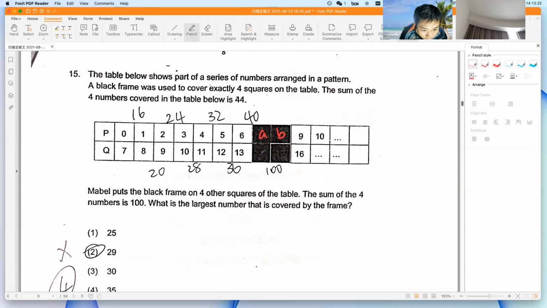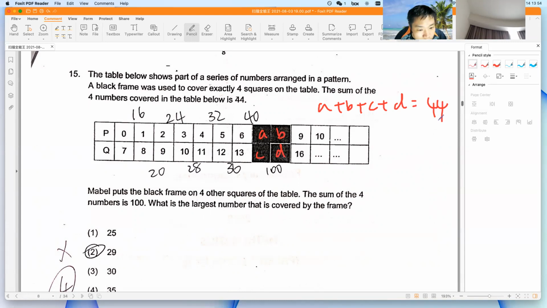A, B, C, D. And then A plus B plus C plus D is 44. That's what I know. Next, Mabel puts the black frame on 4 other squares of the table. The sum of the 4 numbers is 100. What's the largest number covered?